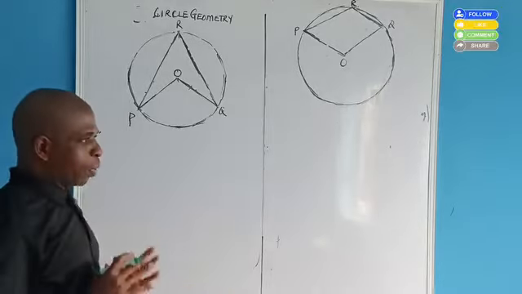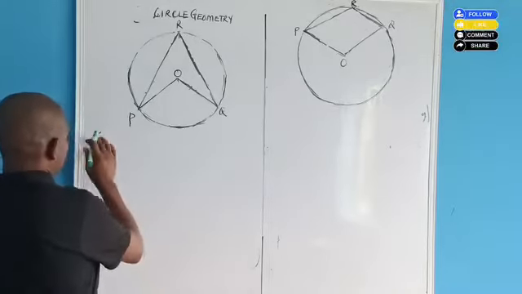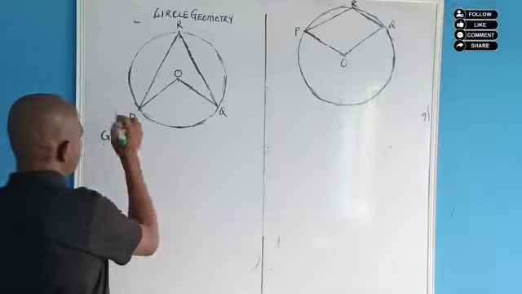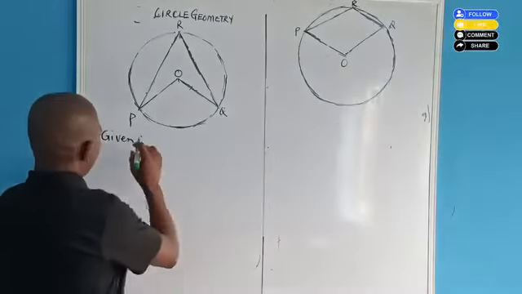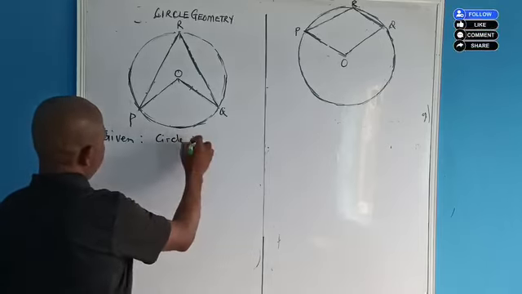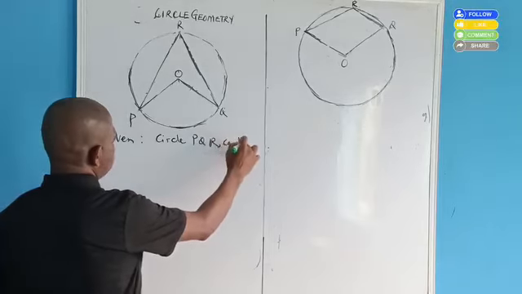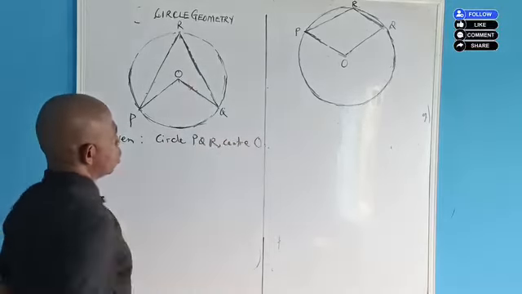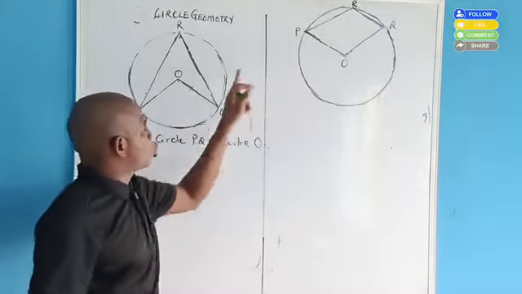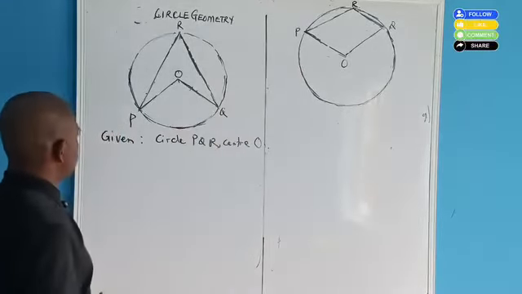Now, circle theorems have a particular proof pattern. What we do first is to state what we are given, and we are given circle PQR having center O. This theorem holds true for both situations, so whatever I say here works for that also.